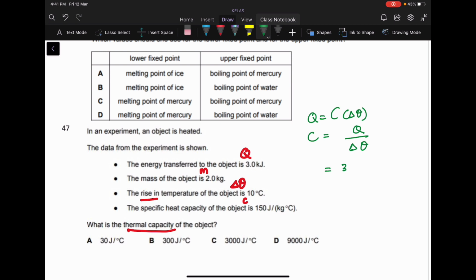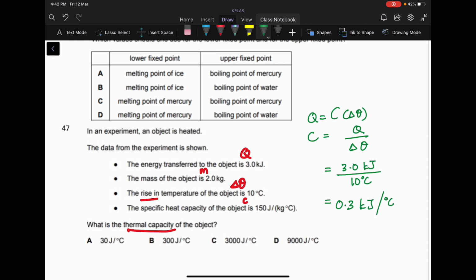Q is 3 kilojoule divided by change of temperature, 10 degrees Celsius. So 3 divided by 10. That gives us 0.3 kilojoule per degree Celsius.